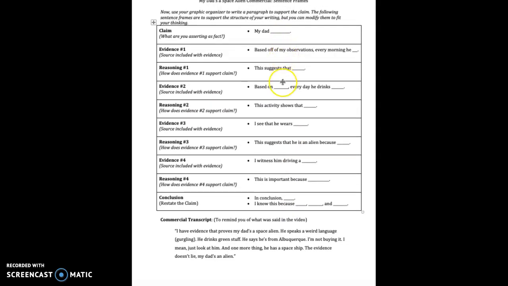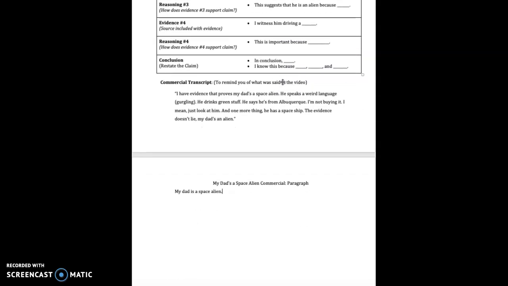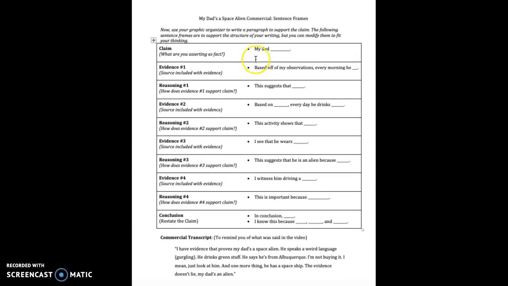Evidence number 1, based off of my observations, he speaks a different language. So not only are we taking our source, right, that's our observations, and then we're stating our first piece of evidence is that he speaks a different language.